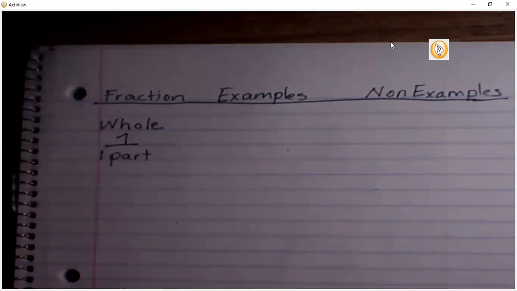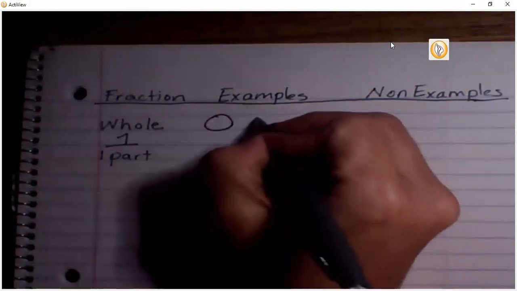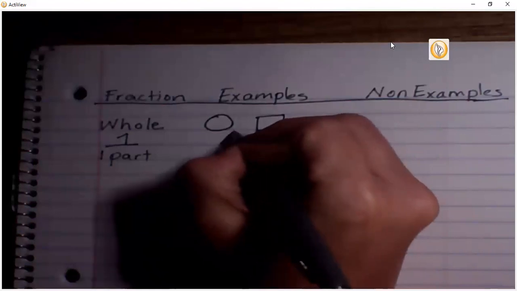I'm going to give you some examples. I'm going to draw some shapes. I'm going to draw a circle and a square, maybe a triangle.